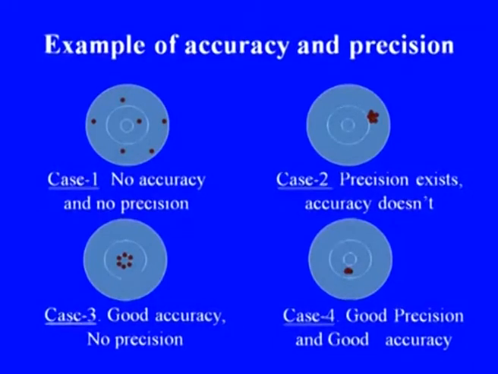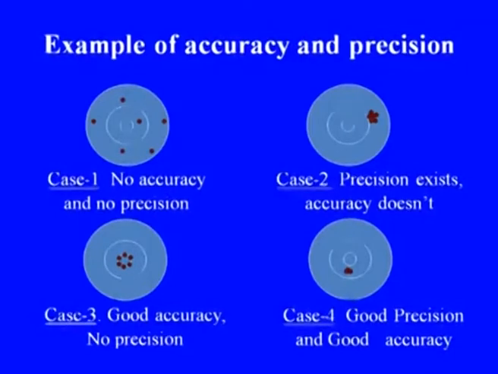This represents a case with no accuracy and no precision, whereas in case 2, bullets are fired in a very narrow zone. Here we can say precision exists, but accuracy does not.